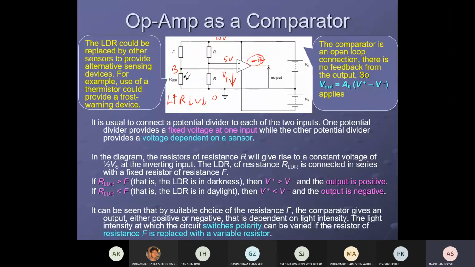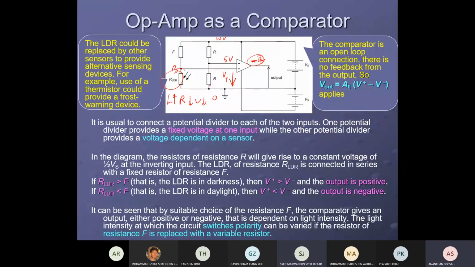Hey guys, do you understand the circuit? So that means the light will only turn on if the output is positive. When the output is positive, the light will turn on. When negative, the light will turn off. It also depends on the position of the LDR. The LDR indirectly controls the output. If the LDR is put up, then positive is off, negative is on.